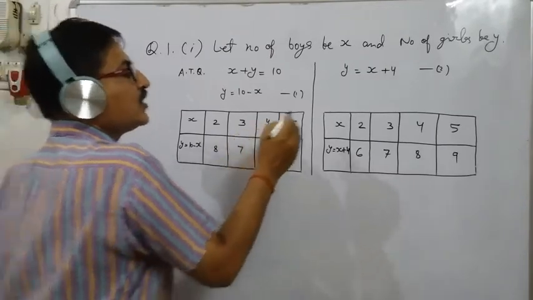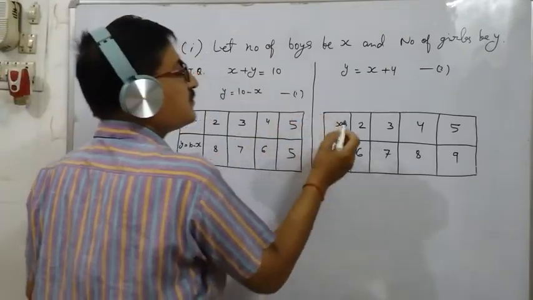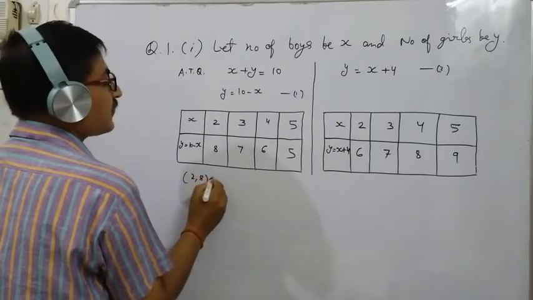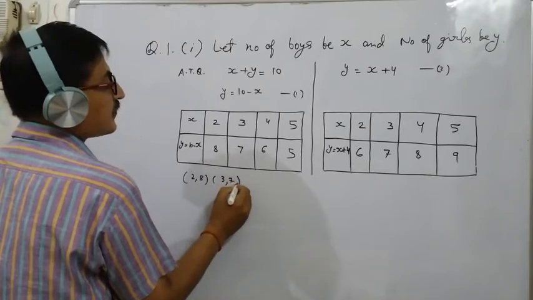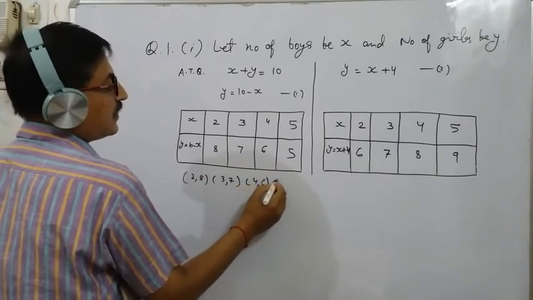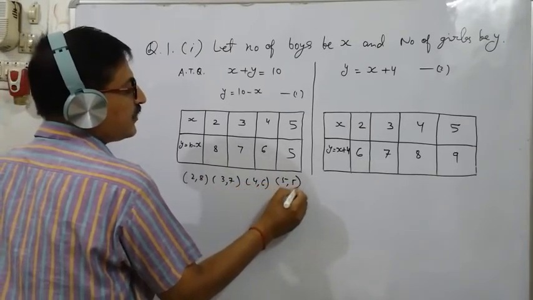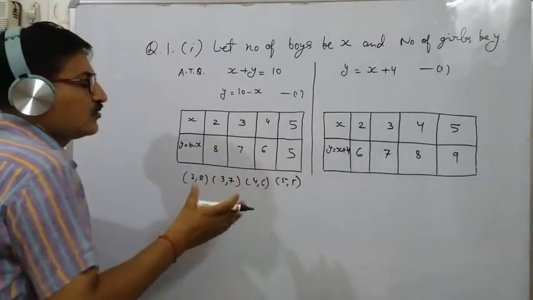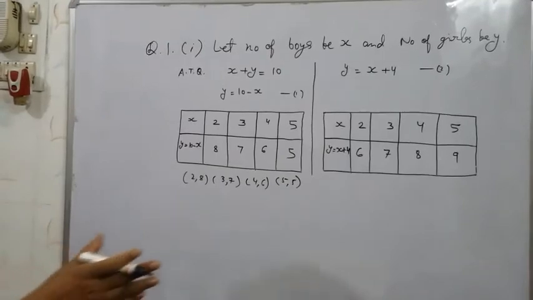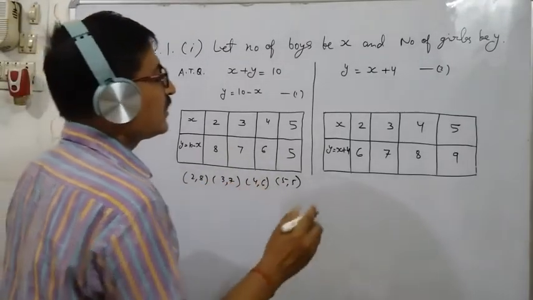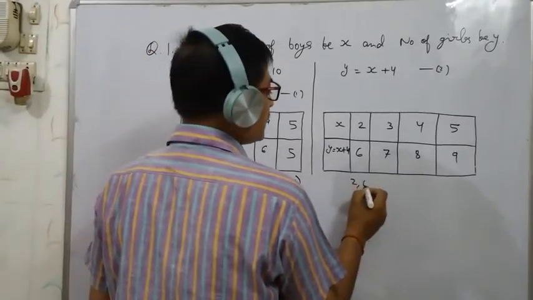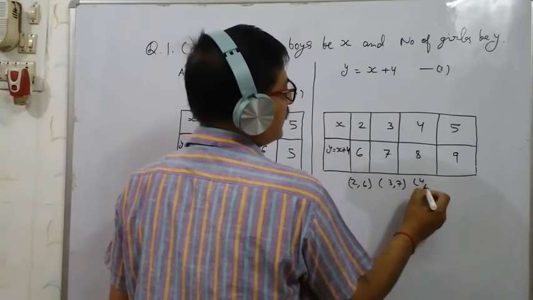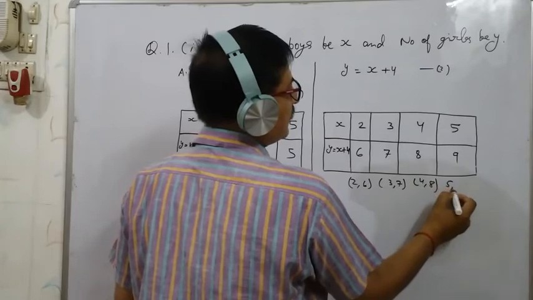You see that in both equations, the coordinates we have got here are 2, 8; 3, 7; 4, 6 and 5, 5. With that we can make one line in the graph, there is no problem. To draw a line only 2 coordinates are required, and here we have taken 4 coordinates. Here it will be 2, 6; 3, 7; 4, 8 and 5, 9.